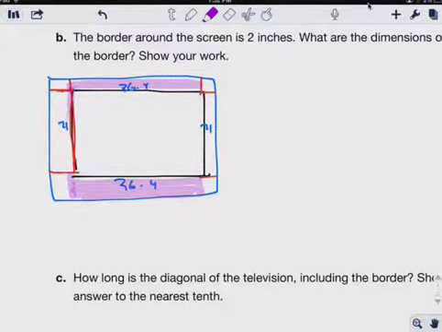And this, the screen they're adding, this is 21. The border they're adding is 2 inches. So that gives you the border of the screen is 2 inches.